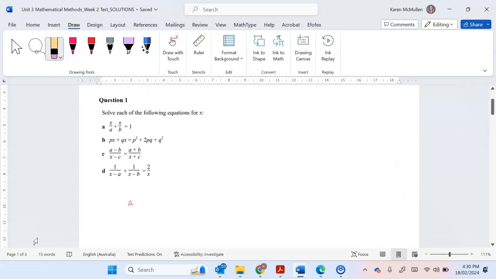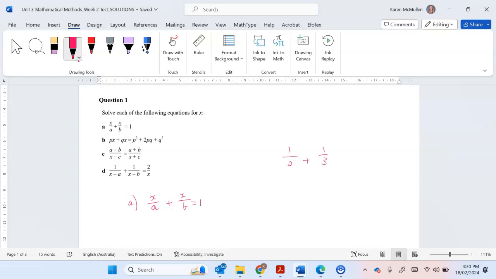All right, so in question 1, we were just looking at literal equations, and this first one, it was quite surprising the number of people who could not work with fractions. Now, if I was to give you a simpler question, say 1/2 plus 1/3, you could do that. You'd be like, oh yeah, I know I need the same denominator.